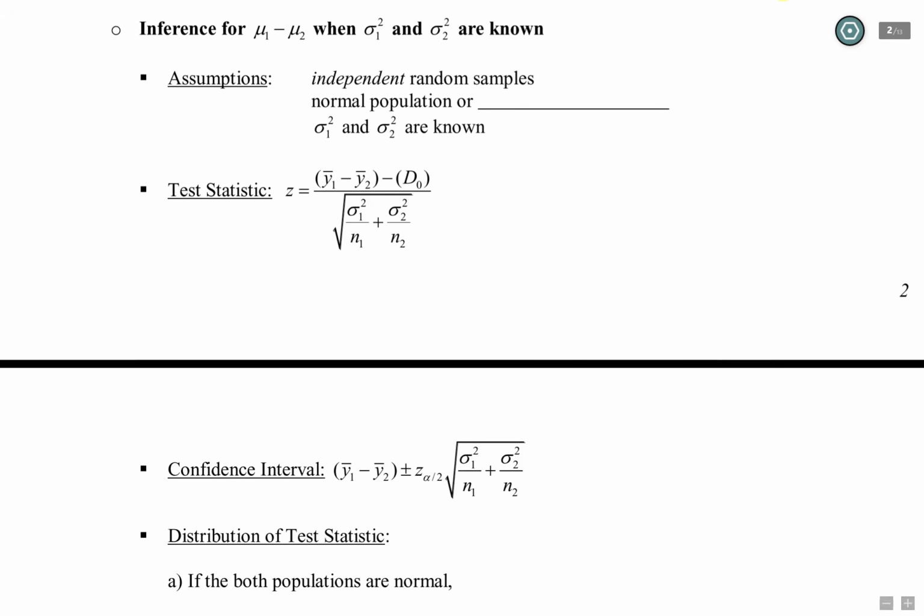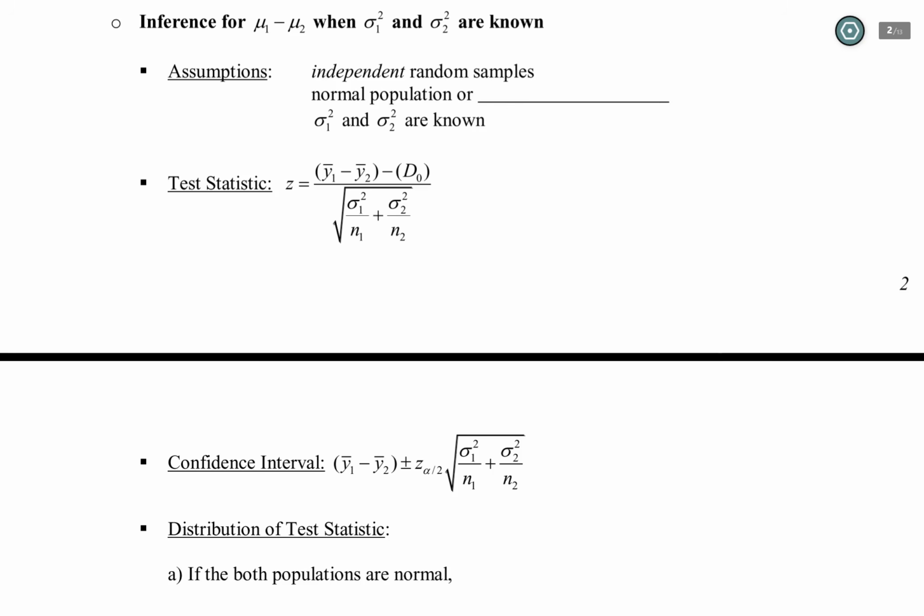Moving along here, we're going to look at a starting case: inference for the difference of the population means when the two population variances are known. The assumptions here are, one, independent random samples; two, both of our populations are normal, or we have quote-unquote large samples; and thirdly, that sigma 1 squared and sigma 2 squared, the variances of the underlying populations, are known.